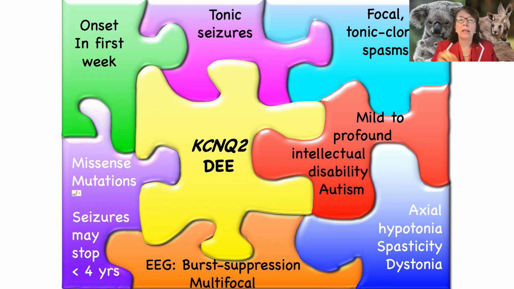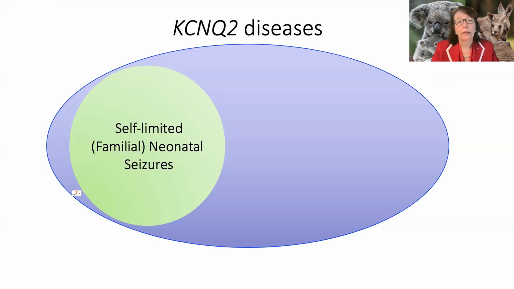You get the wrong amino acid put in, and so the channel doesn't function properly. And in some of the patients, the seizures stop by about 4 years of age, but in many still they do not. So that's the background to KCNQ2 developmental and epileptic encephalopathy.